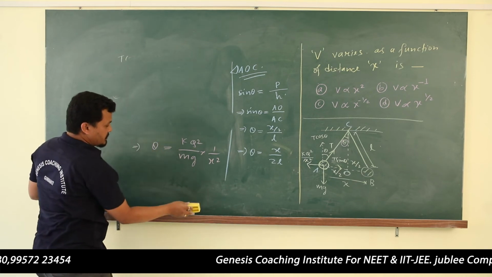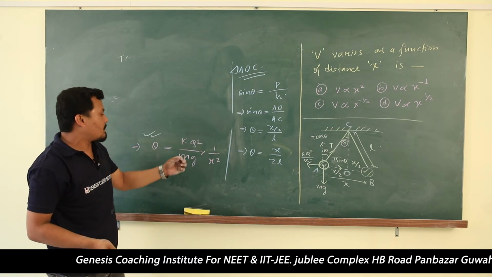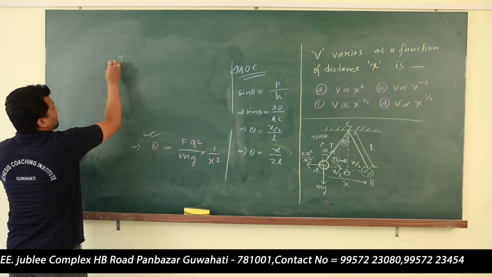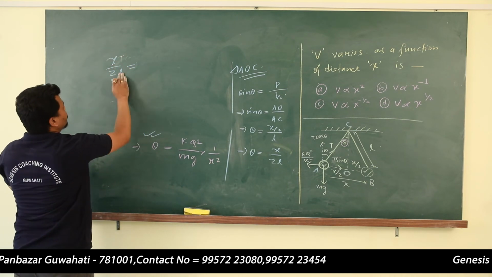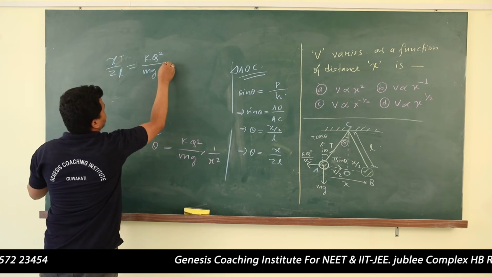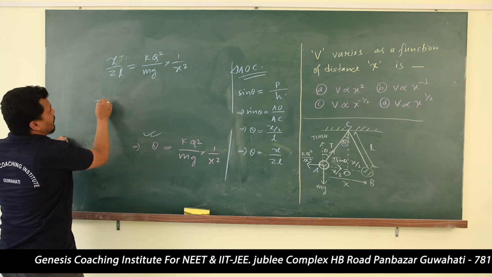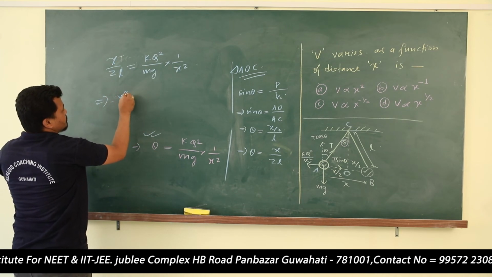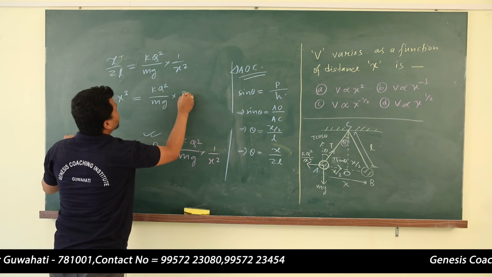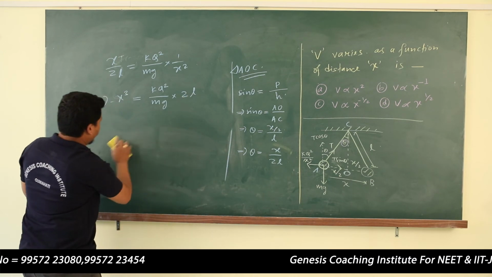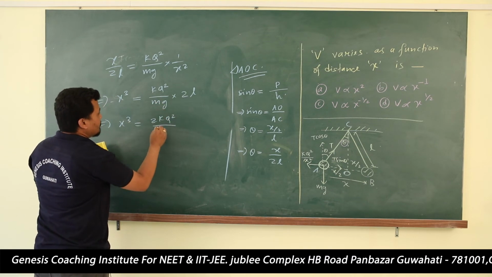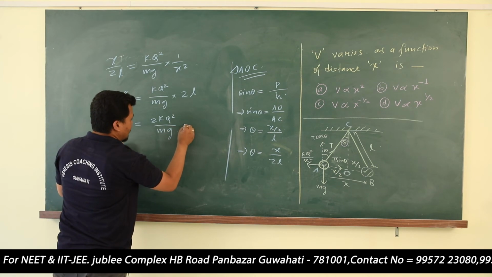Comparing the two equations, theta equals k q square by mg into 1 by x square and theta equals x by 2L, so x by 2L equals k q square by mg into 1 by x square, or x cube equals 2k q square by mg into L.